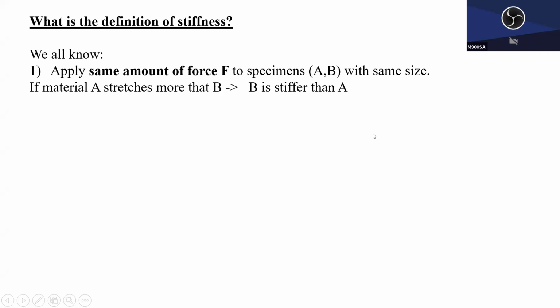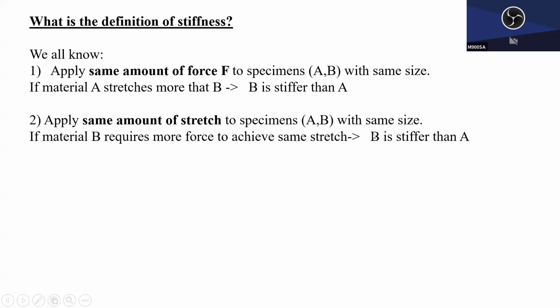That's the way most people would describe material stiffness. This is correct. Or reverse it: if we apply the same amount of stretch to A and B, and B requires more force to achieve the same stretch, then B is stiffer, correct too. That's the way people usually describe something as stiffer or softer.